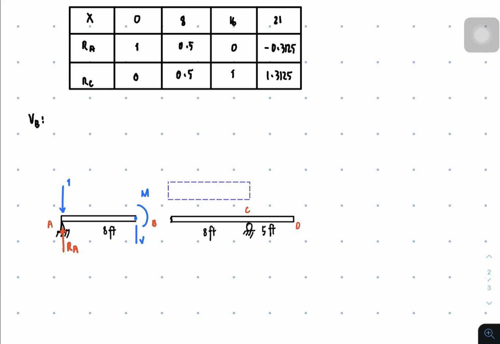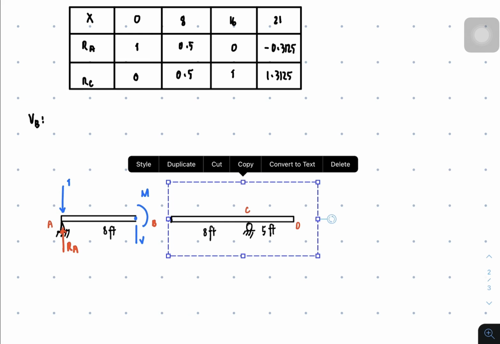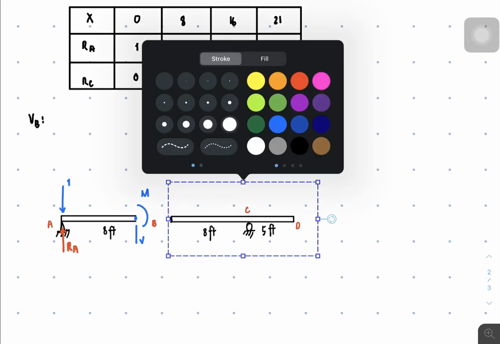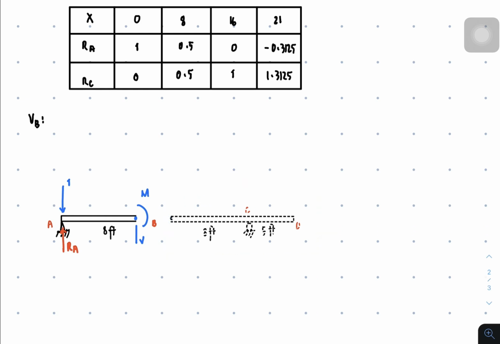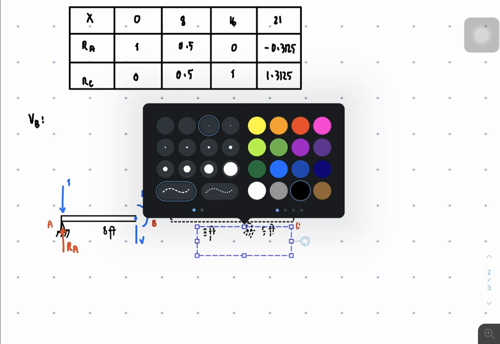And also I hope you don't get confused with this portion, so let me just make it as a broken line so that at least you won't make a mistake whenever you consider it.